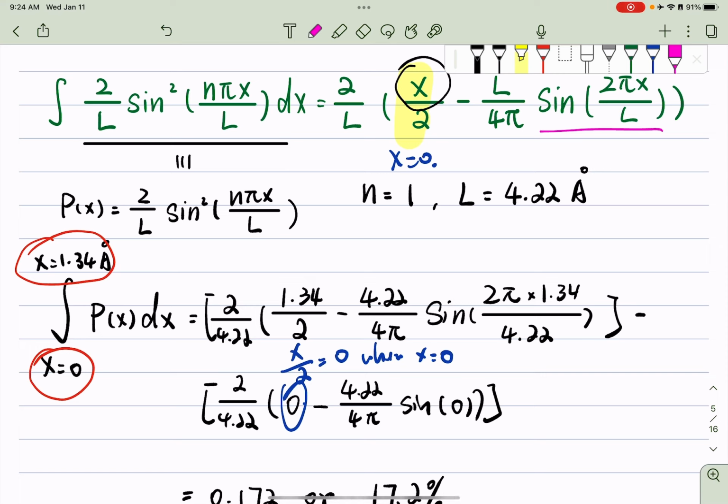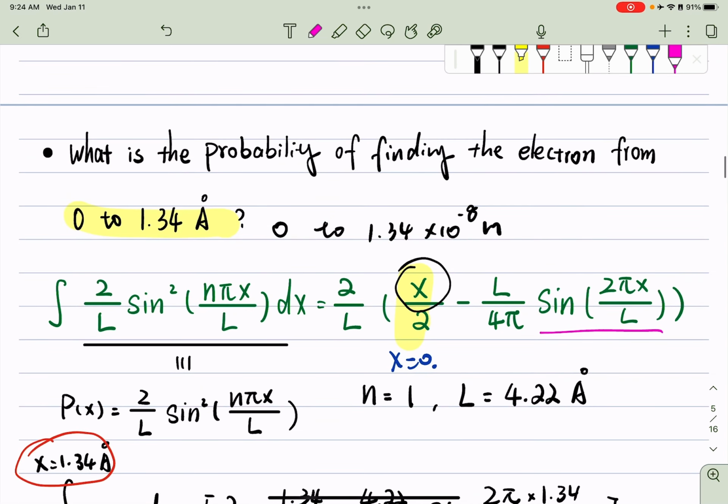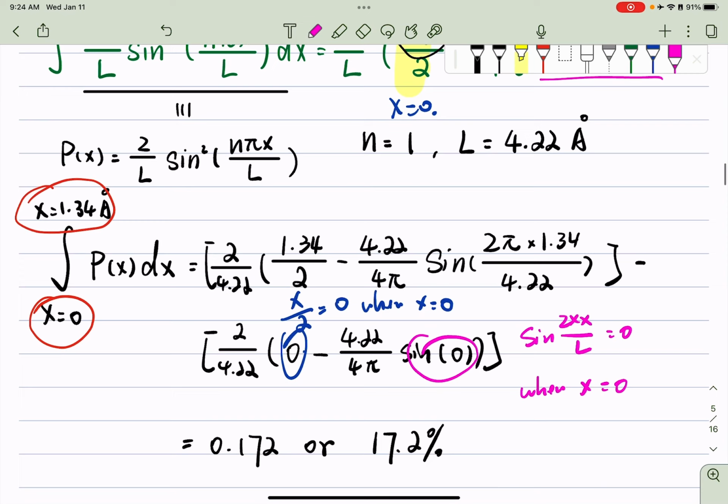Likewise, in the sine term, we have sine 0, because sine 2 pi x over L equals 0 when x equals 0. So it's not like I just threw out the term. It's because we're integrating from 0 to 1.34. You could easily imagine, say, if I change the question here, instead of 0, we have 1.00 angstrom to 1.34 angstrom. Then instead of having 0, you'll have to plug in x equals 1.00 here.